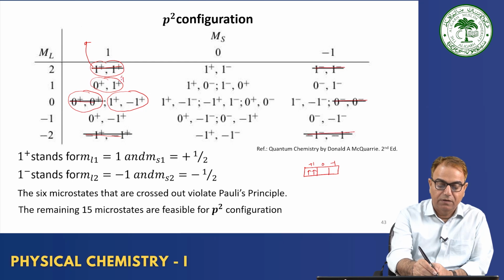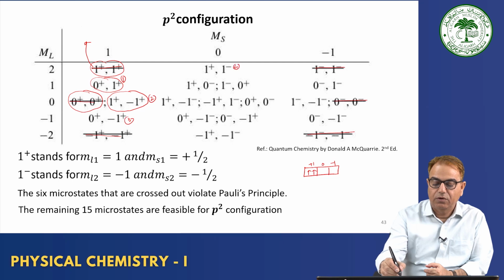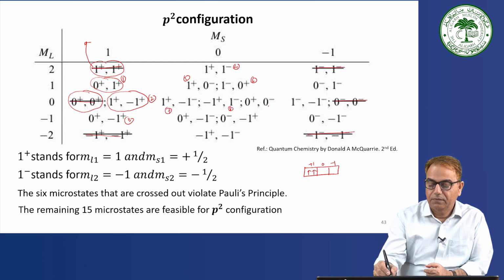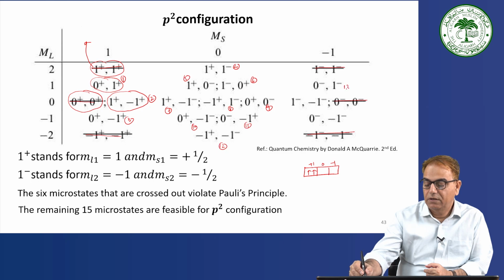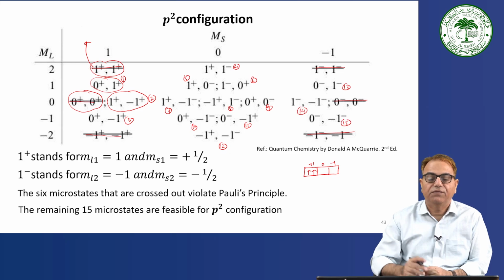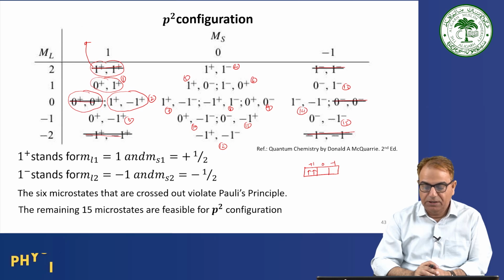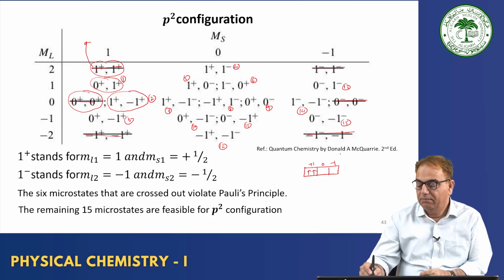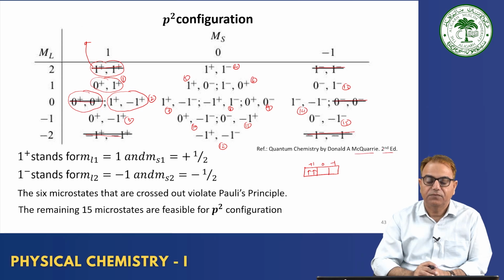You see 1, 2, 3 here, then 4, 5, 6, 7, 8, 9, then 10, 11, 12, 13, 14, and 15. So 15 microstates are drawn here. And this table is from Quantum Chemistry by Mercury, 2nd edition. So you can see this table there.